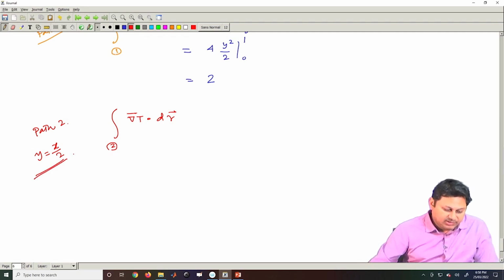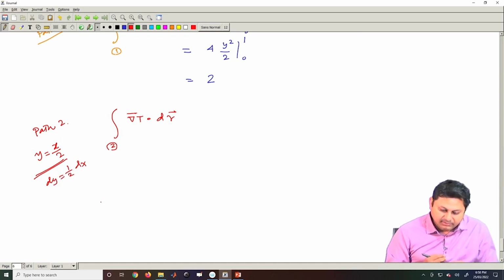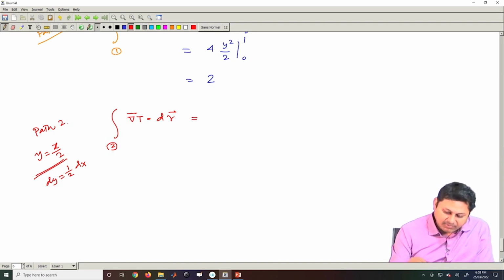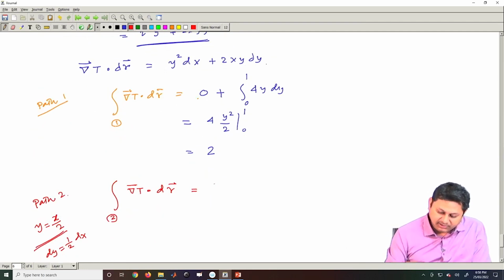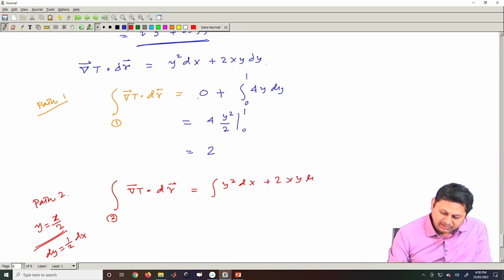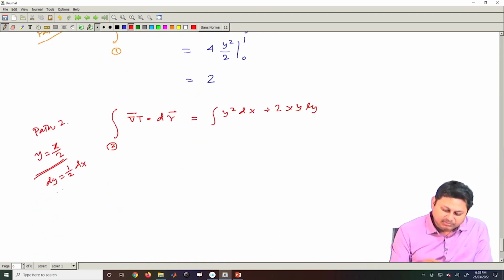So, I just use this relation. Here dy I can replace as half of dx, and then this quantity which I am having, I can already figure out here. So, this is the integration of y square dx plus 2xy dy, everything is changing. Now I am going to exploit this expression for y.